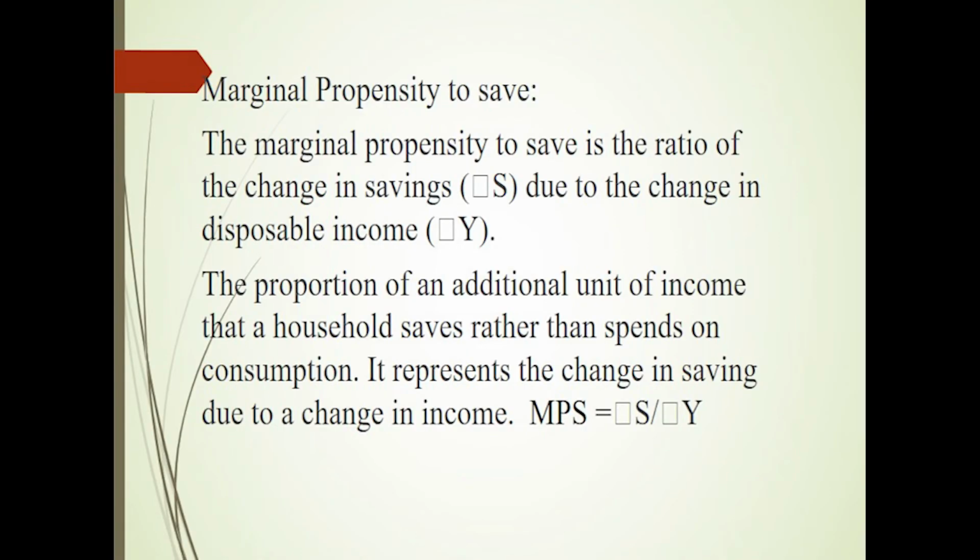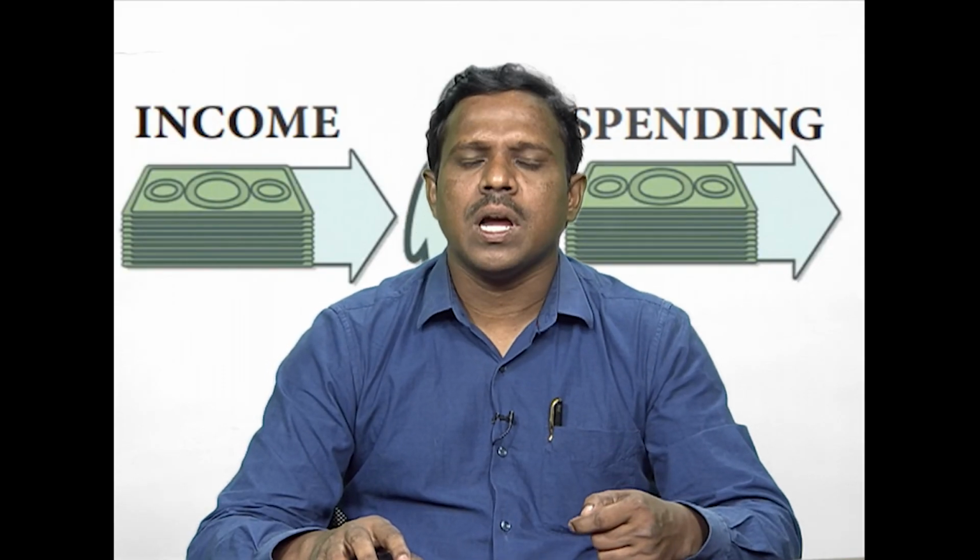The marginal propensity to save is the ratio of the change in savings due to a change in the disposable income. Whenever there is a change in income levels, how much change is going to happen in the savings? When income increases, how does it impact the savings? That is the marginal propensity to save.